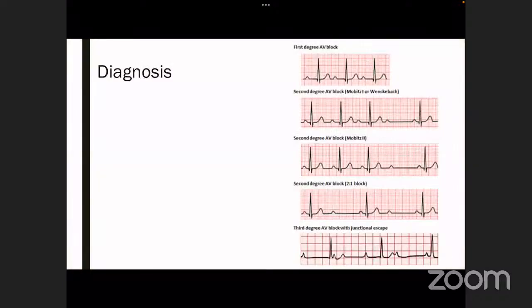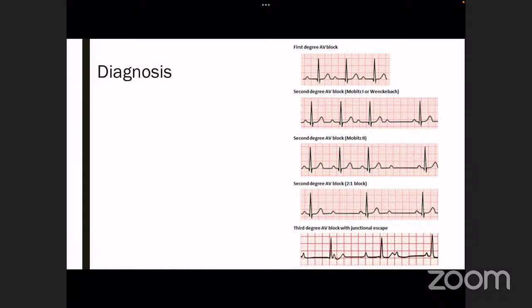Here is the ECG to differentiate between the first, second, and the third. For the first, as you can see, there is a fixed PR interval. For the second, Wenckebach or Mobitz type 1, there is a progressive prolongation in the PR interval leading to a dropped or non-conducted P wave.